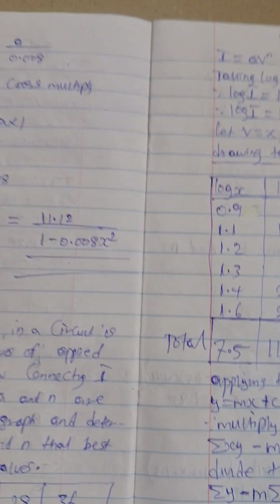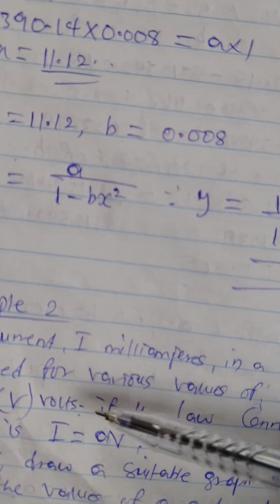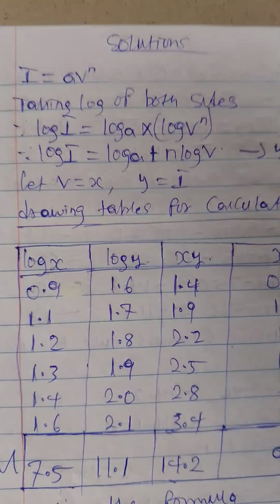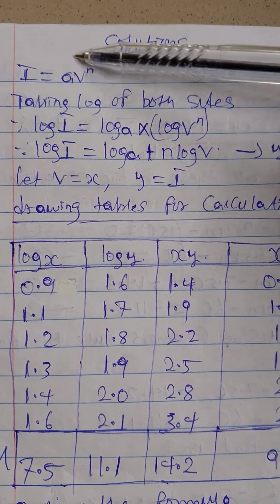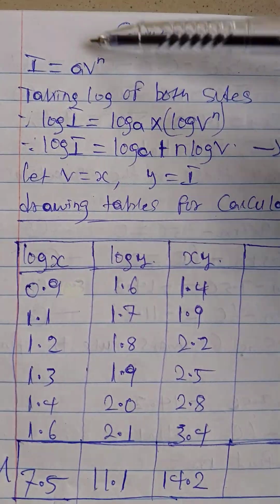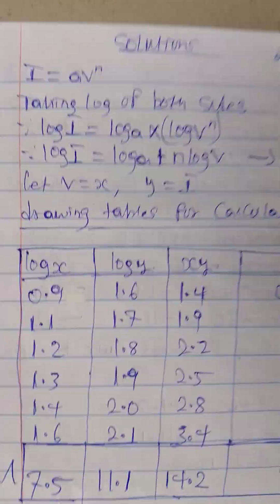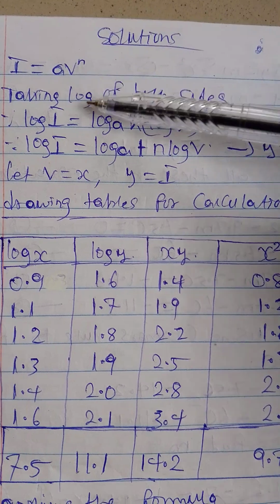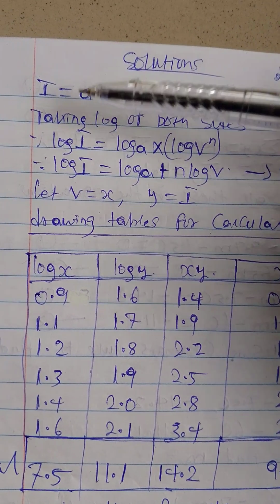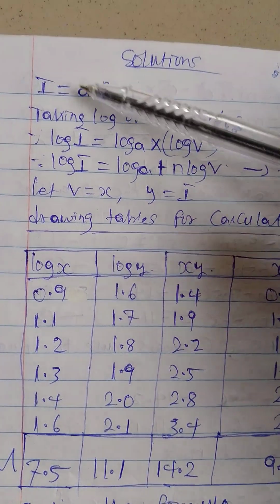So what to do next? The equation given to us is this. Know that whenever you are solving a curve fitting in this form, where they give you something raised to power n, always apply this formula: always take the log of both sides.